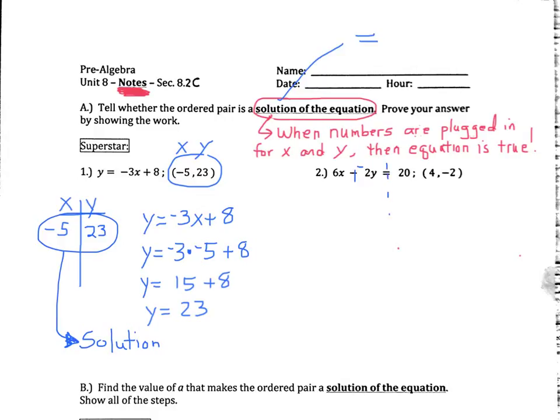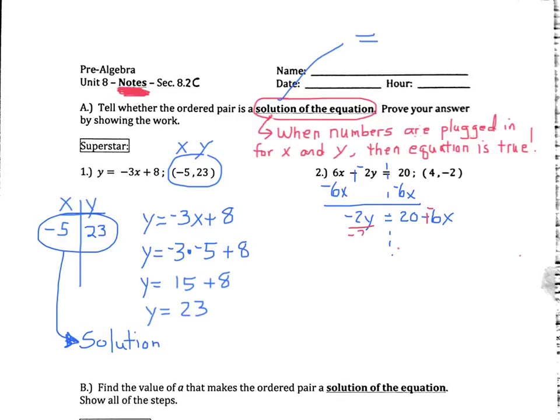So let's make our little dotted line. Let's subtract 6x from both sides. That leaves you with -2y equals 20 minus 6x. Make a double sign change right there.